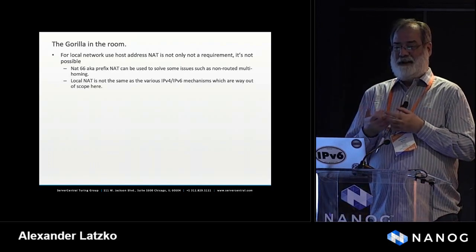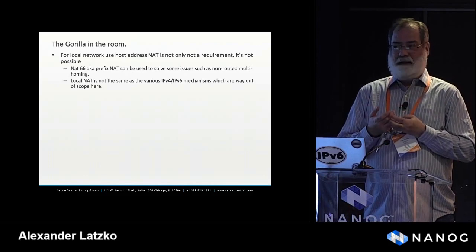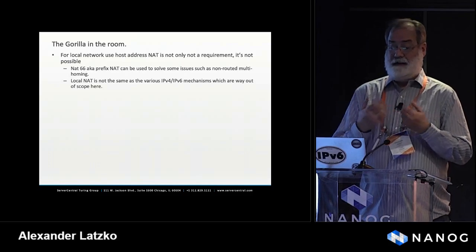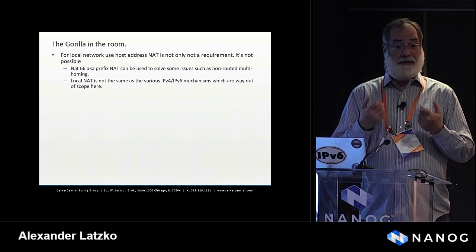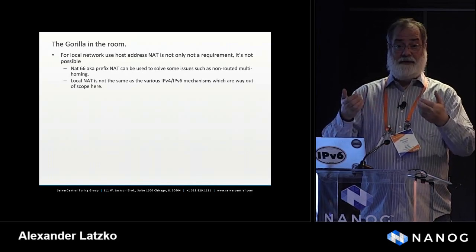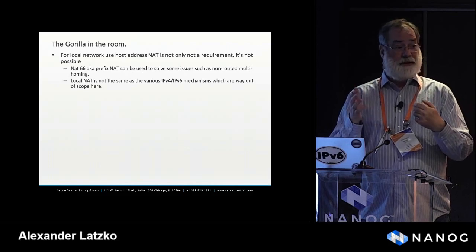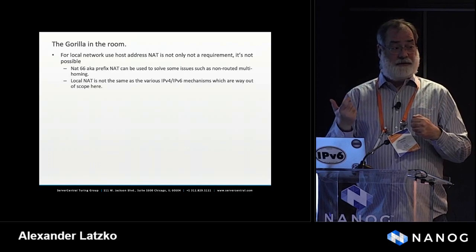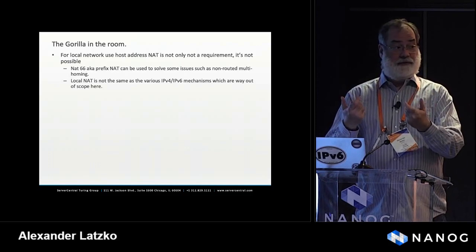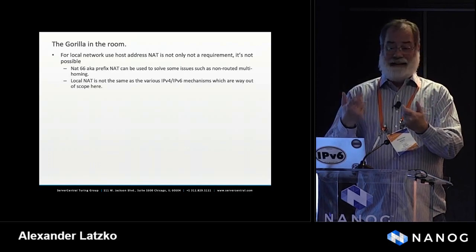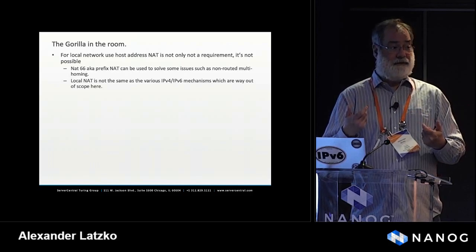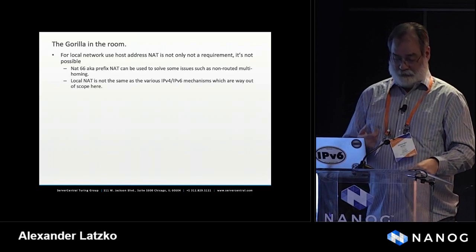But there are places where you actually want to do NAT in v6 land. You want to do NAT on the prefix. This is a really handy thing to do if you have two providers, so you can easily switch which one you're going out each week. You keep your host address the same and you change your prefix. The concept of actually natting an IPv6 host address is anathema to anybody in the v6 world.